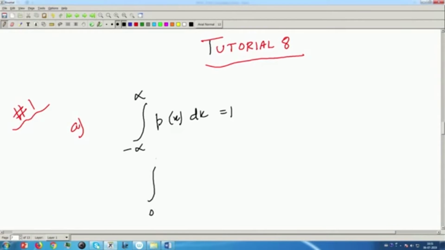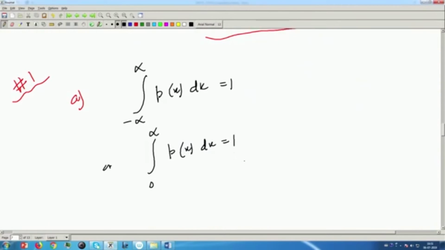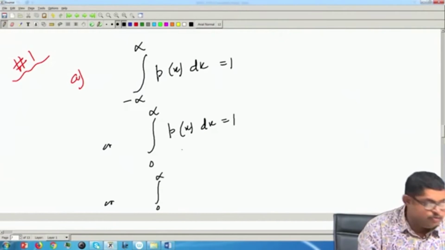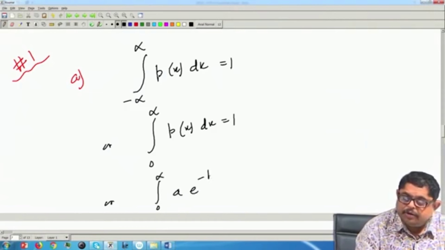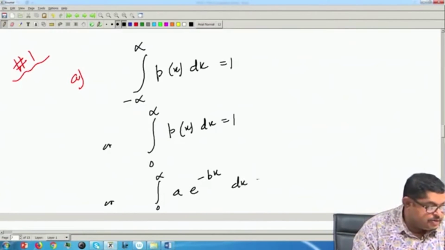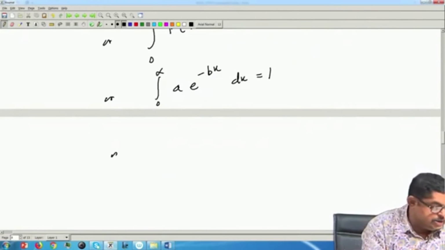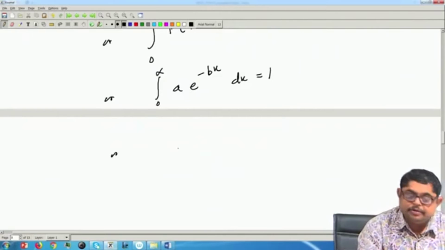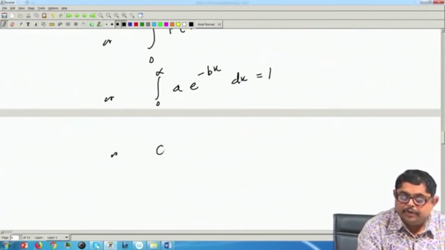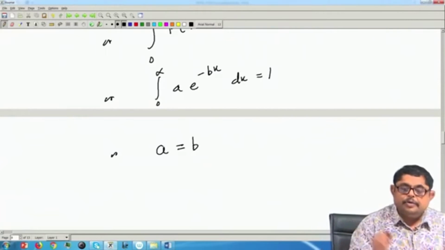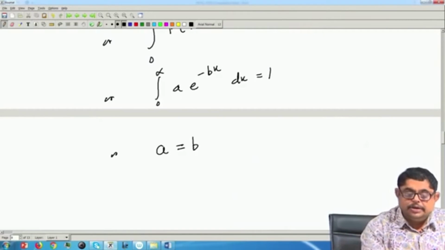So, the integral from 0 to infinity of p(x) dx is equal to 1, or the integral from 0 to infinity of a e^(-bx) dx should be 1. You can easily do this integration, and that will give you a equal to b. So, the relation between a and b that we were asked is a equal to b.